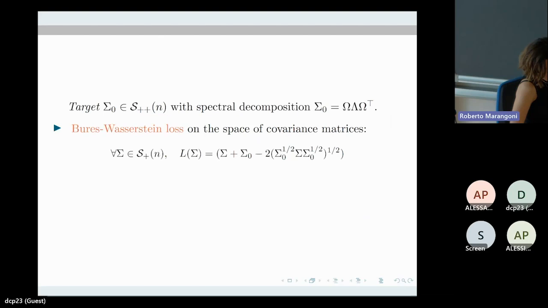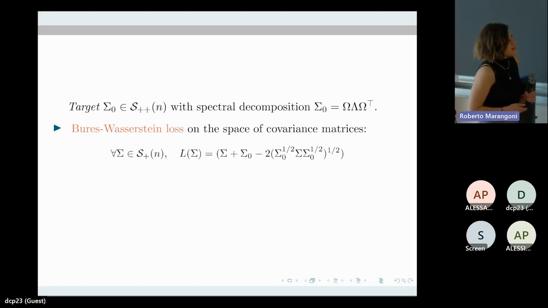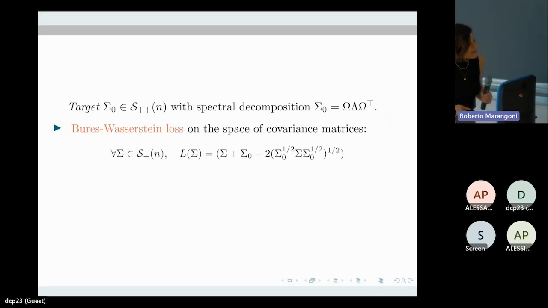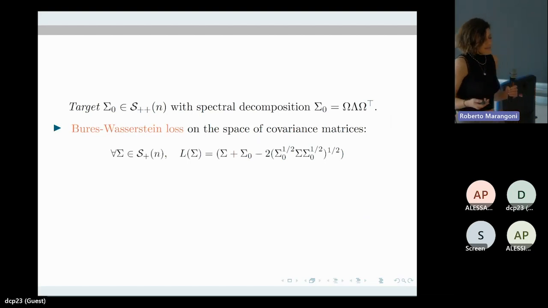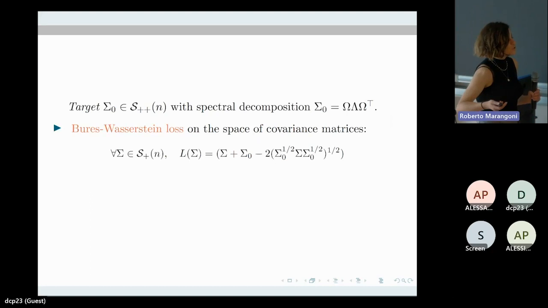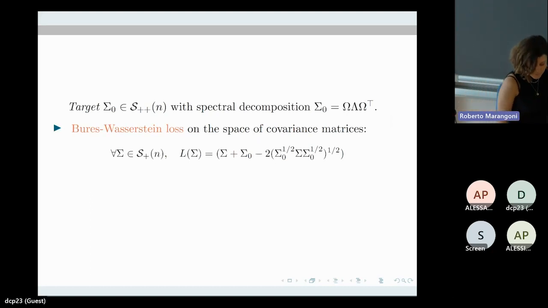Here we introduce the Bures-Wasserstein loss on the space of covariance matrices, where sigma, if you recall, is just WW transpose, a positive semi-definite matrix. The Bures-Wasserstein loss is just the Wasserstein distance between two zero mean Gaussian distributions.